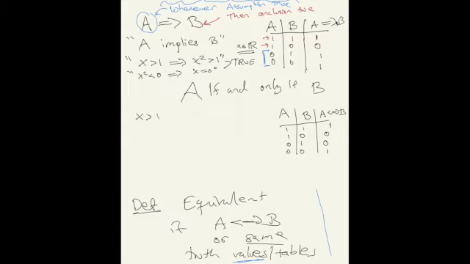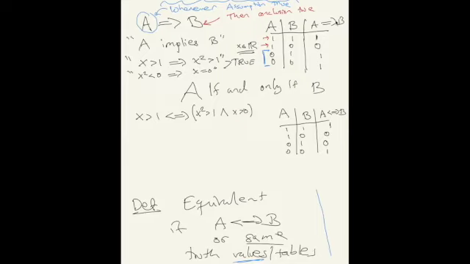X bigger than 1 is equivalent to x squared being bigger than 1 and x being positive. X squared bigger than 1 is not quite sufficient for x being positive because it could also be less than -1. But if we also enforce that it's positive, then these two claims become equivalent.